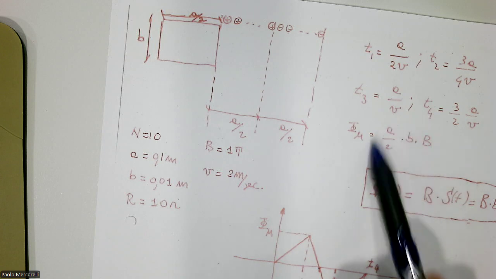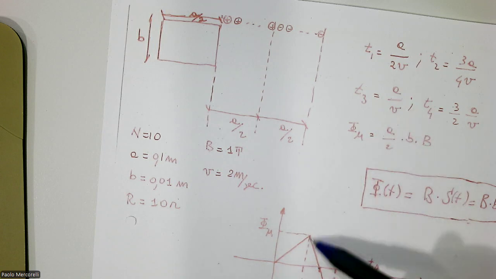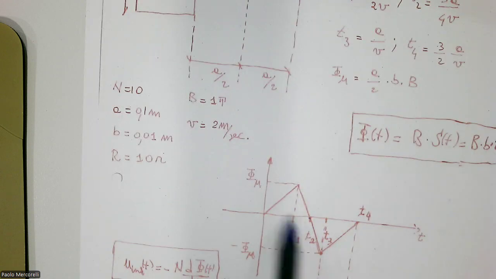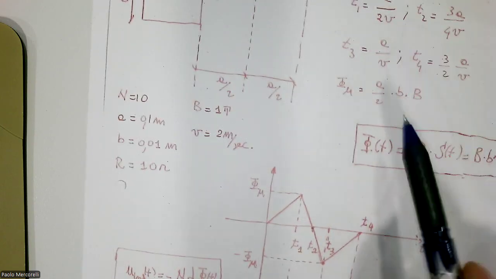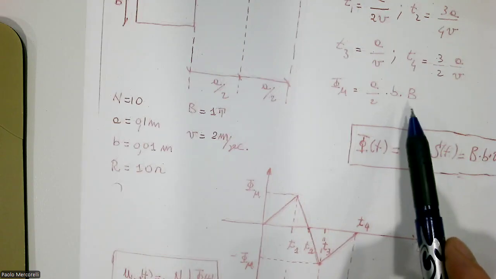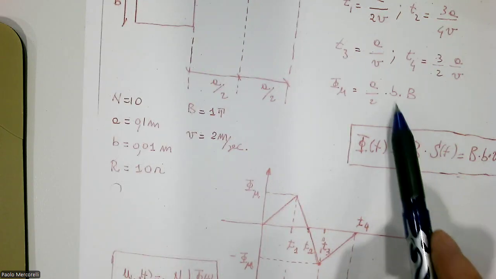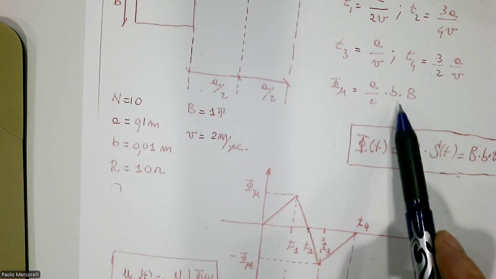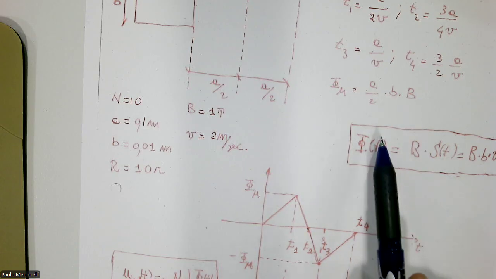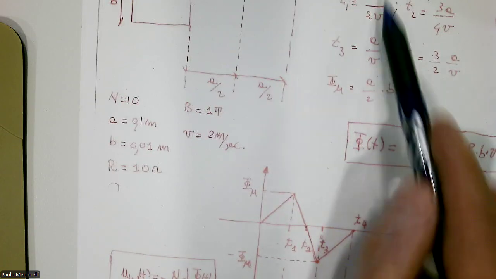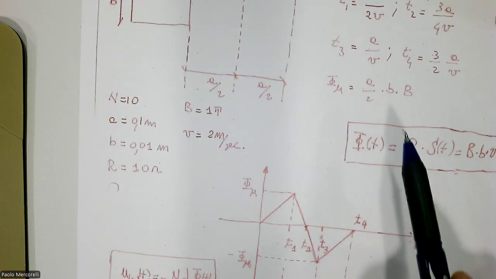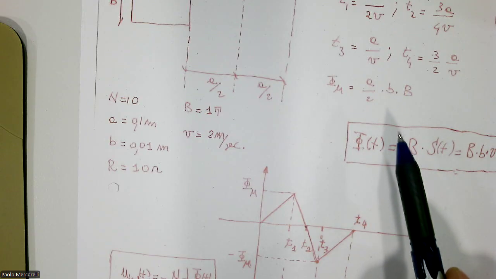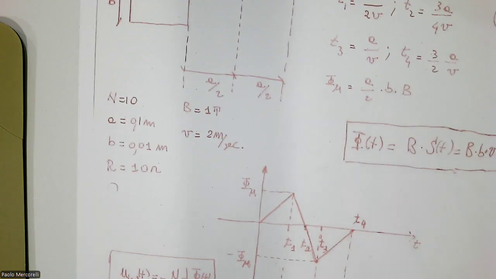Again, phi maximum is this distance, T1 is this one, A divided by 2. This means A divided by 2, I can cancel. This means minus n, multiply by B not capitalized, multiply by B capitalized, multiply by V.